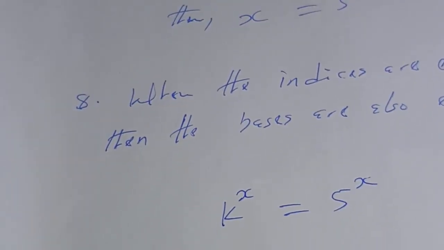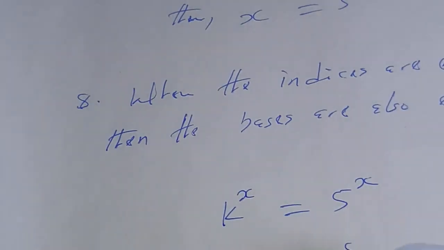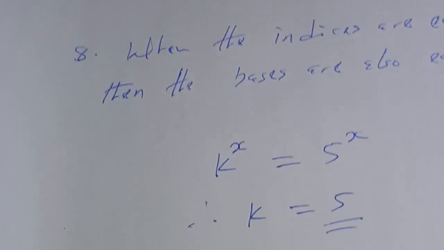If k raised to power x equals 5 raised to power x, therefore k equals 5. That's what it means. Therefore k equals 5.